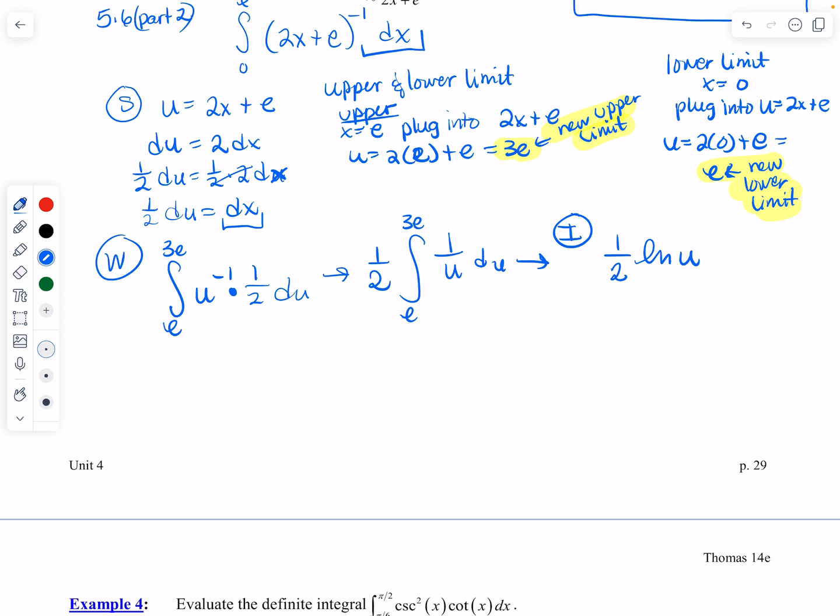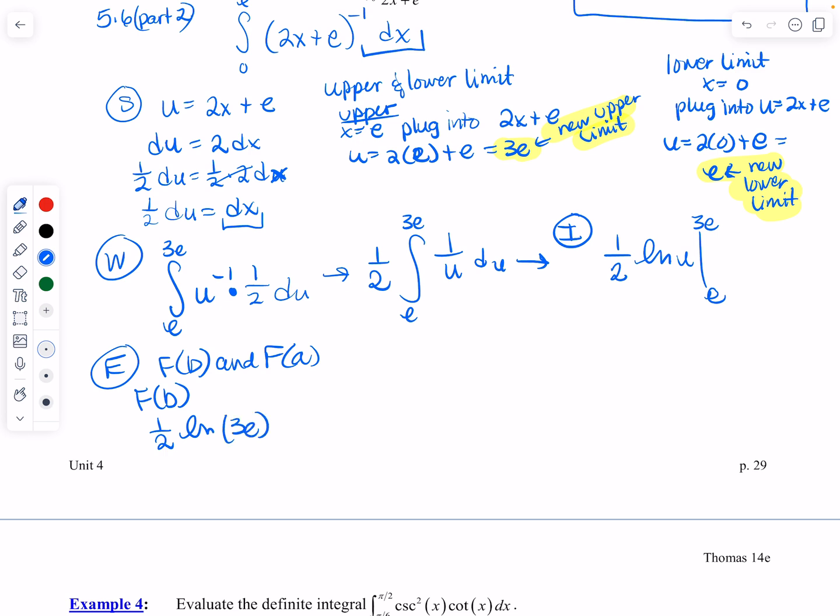Okay, so now remember, I'm taking it on the interval in terms of u from e to 3e. So it's time to evaluate. So f at b, and we've got to look up f at a. So I'm trying to find those values. So let's do f at b first. So that's the upper limit. So I get 1/2 ln of 3e, okay, and f at a equals 1/2 ln of e.